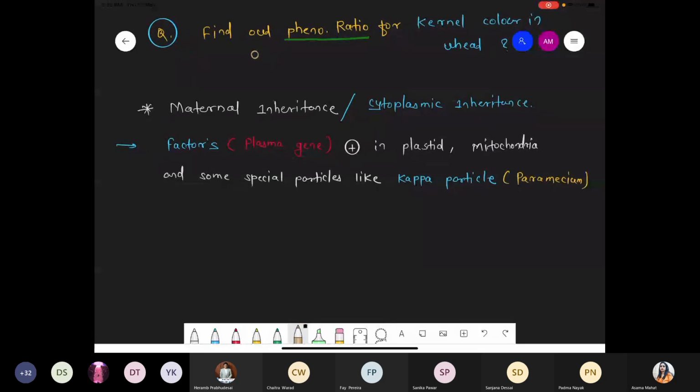And there is also a sigma particle, and this sigma particle is specifically present in Drosophila. So I'm repeating this point again.